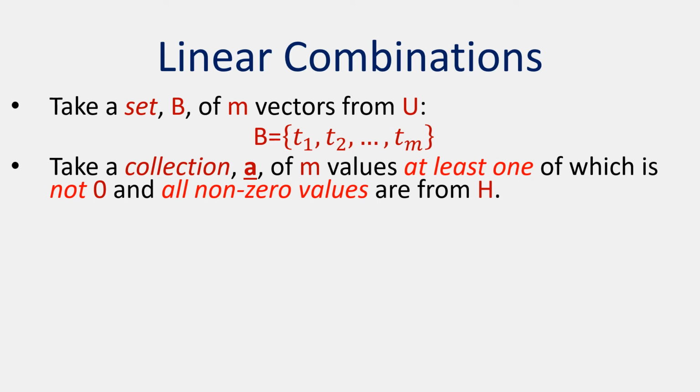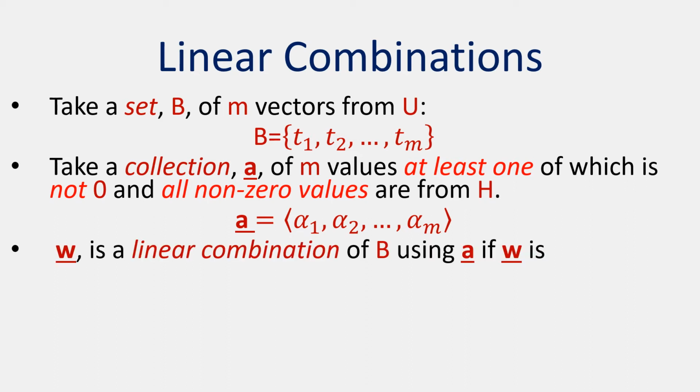We also take a collection of values, at least one of which is non-zero, from our underlying set H. So A here is an M vector. It's a collection, not a set of values. Let's denote that collection alpha 1 through to alpha m.